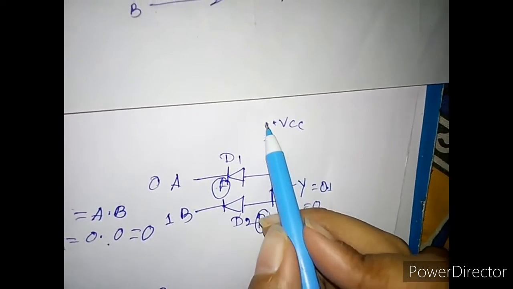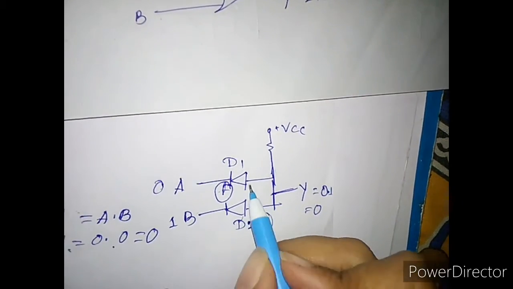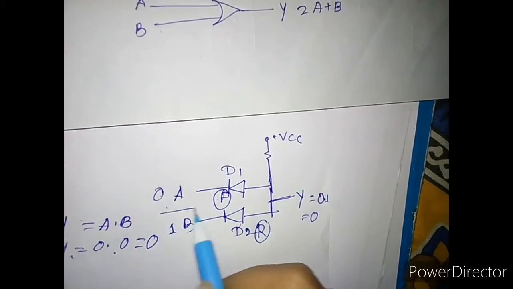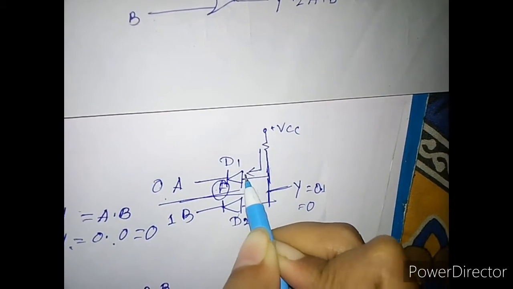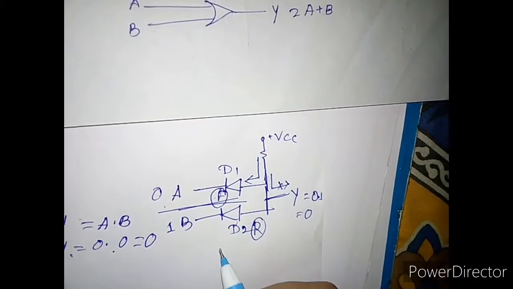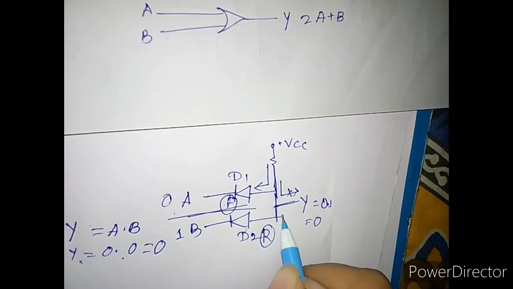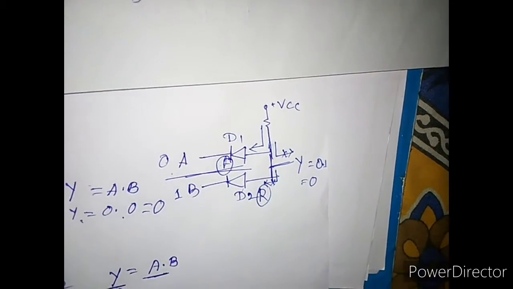That means when the supply is connected this way and A is forward biased, the supply flows through it and there is no supply at the output, and the reverse biased diode blocks the supply.